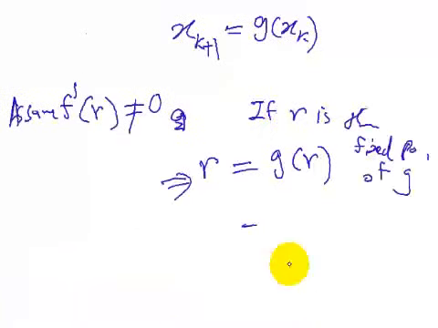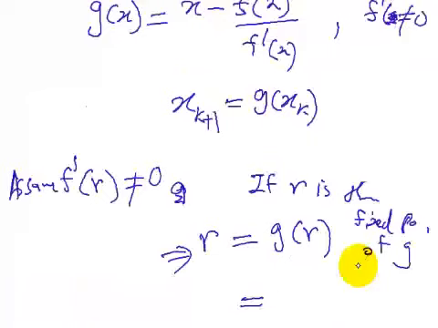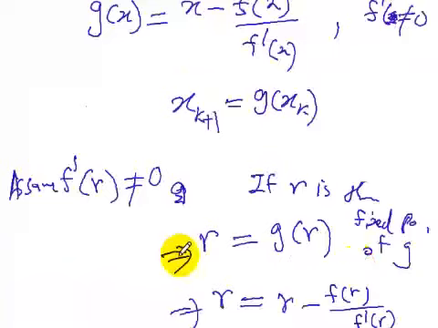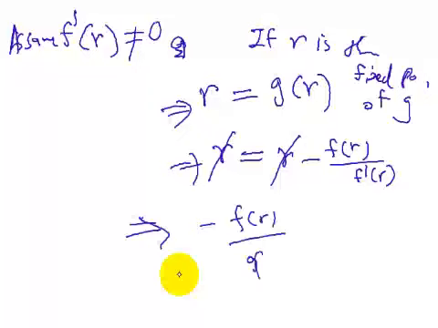Plugging the root r into here: r minus f of r divided by f prime of r. Here you have r, you can cross this off, so you end up with minus f of r divided by f prime of r is equal to 0.